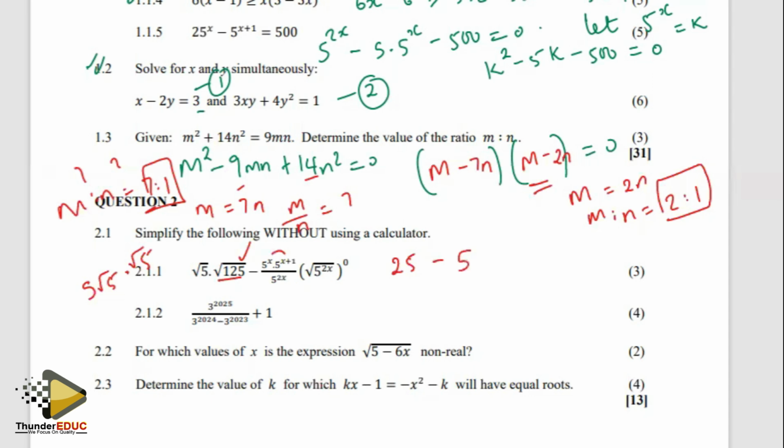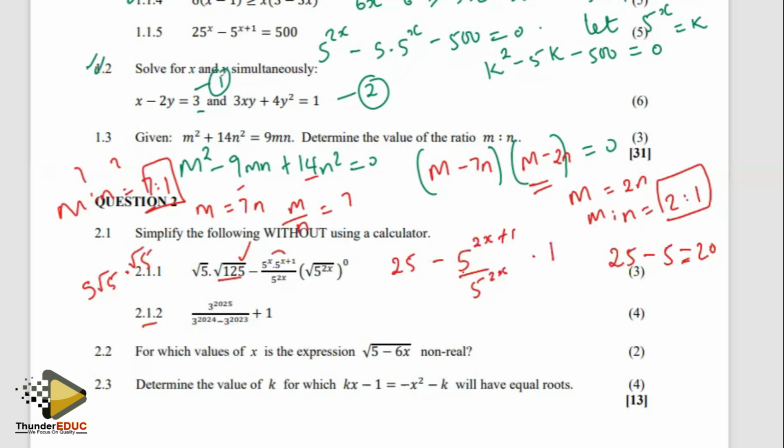So that is 5 to the 2x plus 1, but I'm dividing it by 5 to the 2x. Anything to the exponent of 0 is always 1. Then I can subtract, in this case, since the bases are still the same. So it's going to be 25 minus 5 to the x dies out. So I'll be left with 20 as my answer.